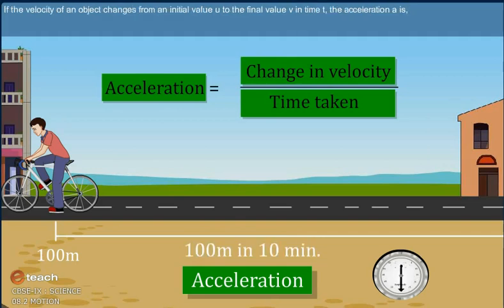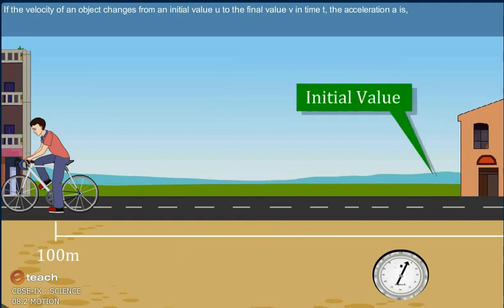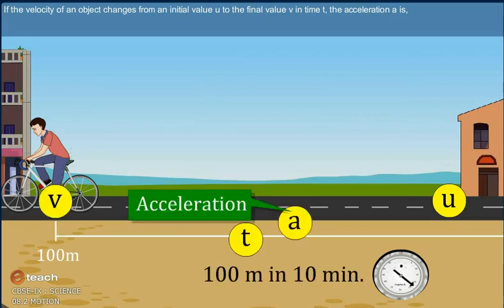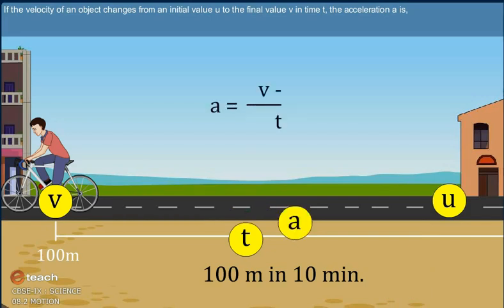If the velocity of an object changes from an initial value u to the final value v in time t, the acceleration a is equal to v minus u divided by t.